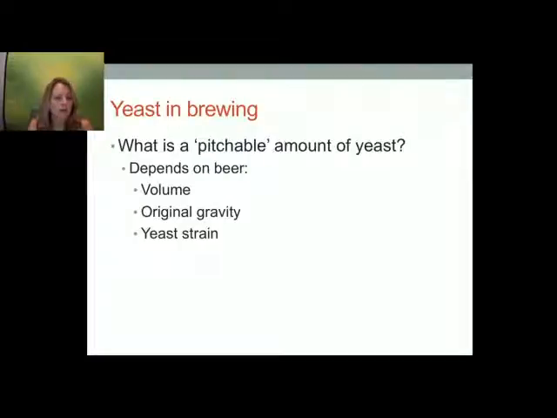The starting or original gravity of beer will also matter, as you will see that the pitching rate is dependent upon the amount of sugars present in the wort. Also, importantly, the yeast strain used will affect what is considered a pitchable amount, and we will go through all of these.